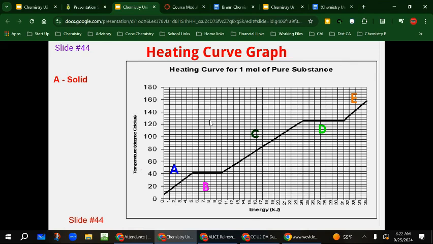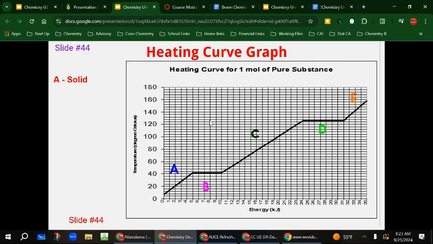If this is a solid down here, what state of matter is it in up here? Nope. What does it go from a solid to normally? Solid to a liquid. Okay? Goes solid to a liquid.